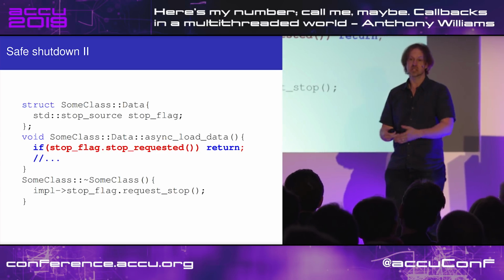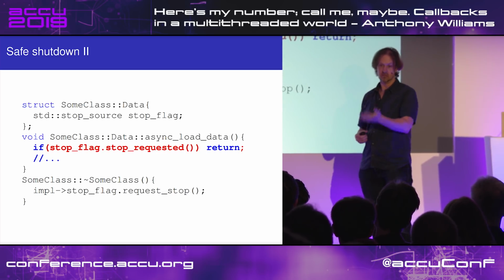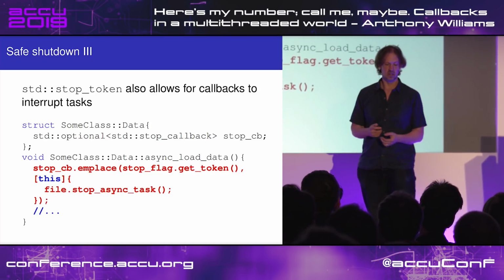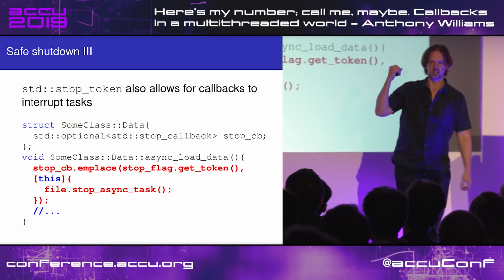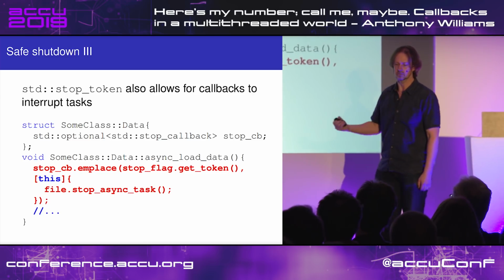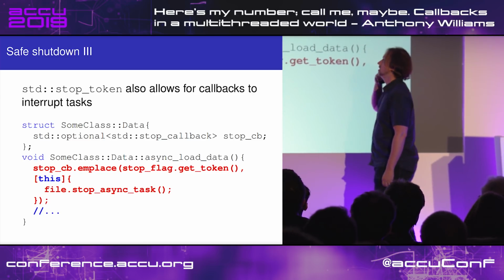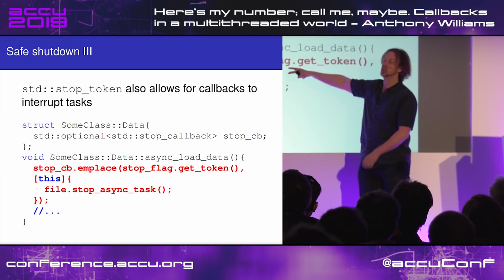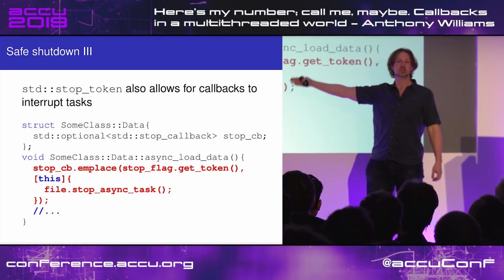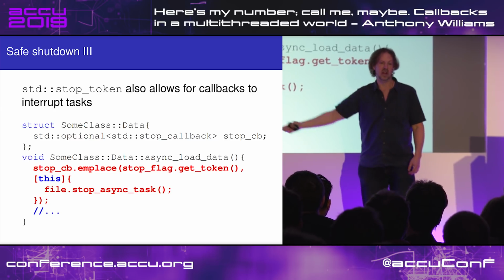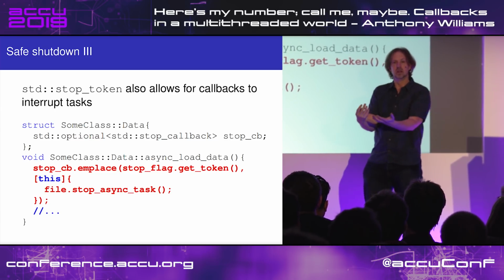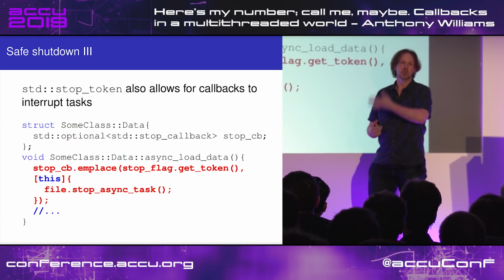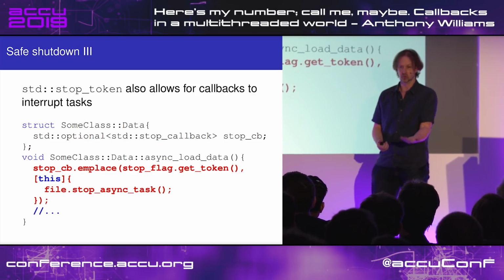So yes, in some ways it can be a wrap around an atomic bool, but it's a little bit more than that, because it also allows callbacks. So your async read registers with the file handle, do me an async read, but that might take some time, and we're trying to shut down quickly when we've asked a signal to stop.